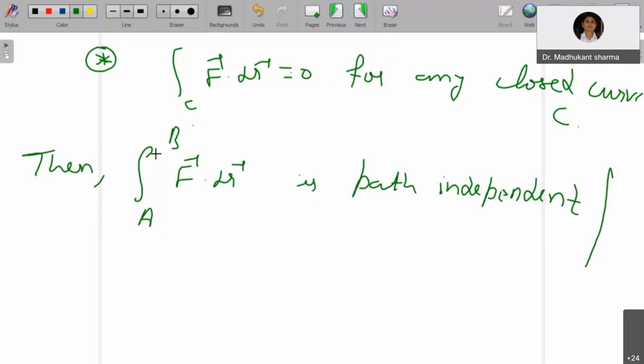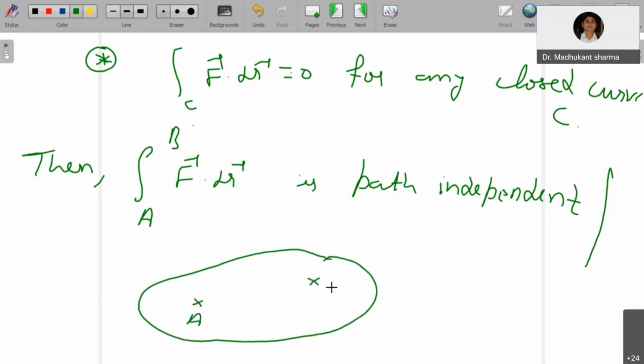A and B are two points. A can be assumed as the initial point and B as the terminal point in the domain. Let me help you. This is A, this is B, and the integral is path independent. Let's take this as C, or C1.